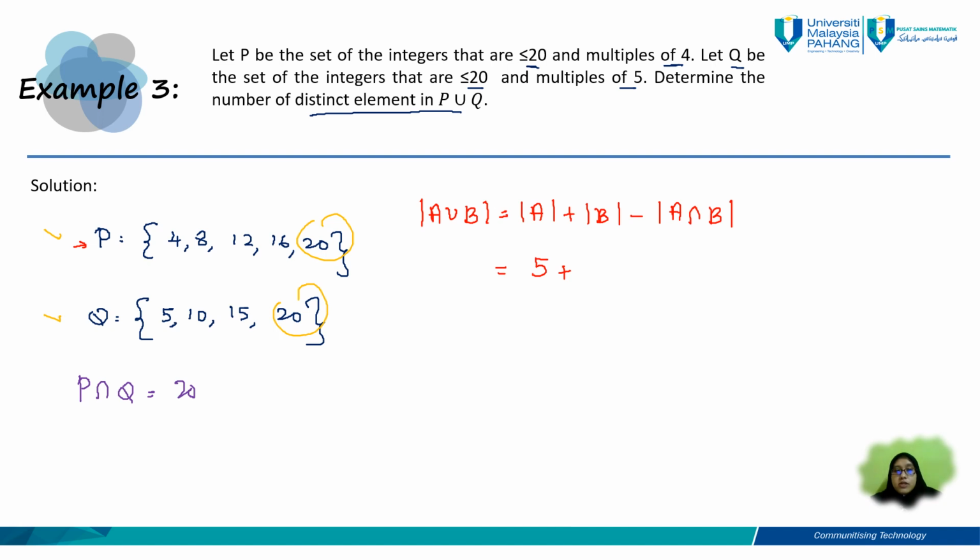Element B is for Q, in total we have 4. And element A intersect with B is P intersect Q, which has 1 element. So the total is equal to 8.